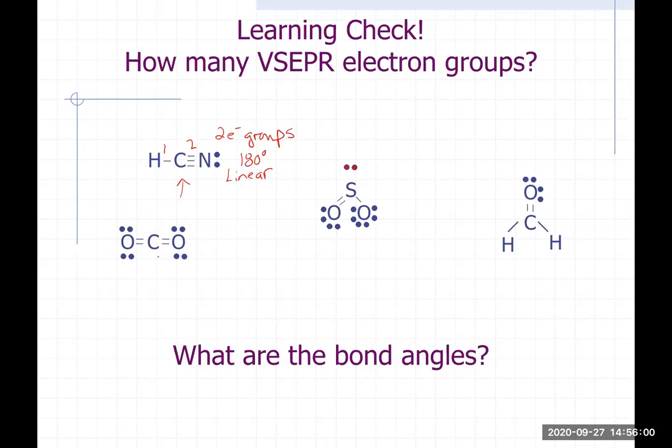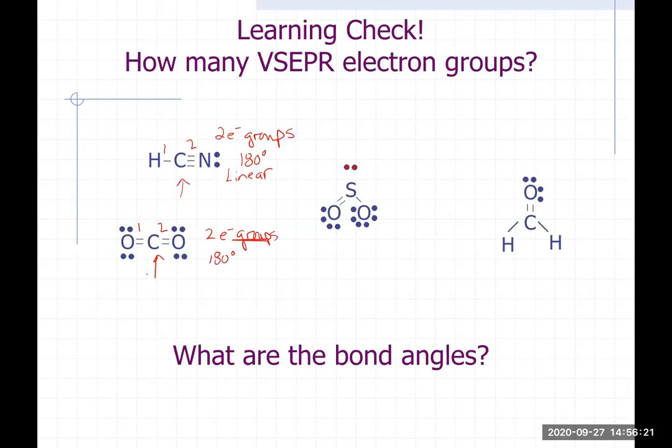Let's look at this carbon down here on CO2 because that's the central atom. We have one electron group here, a second electron group here. So again, we have 2 electron groups. That's 180 degrees.